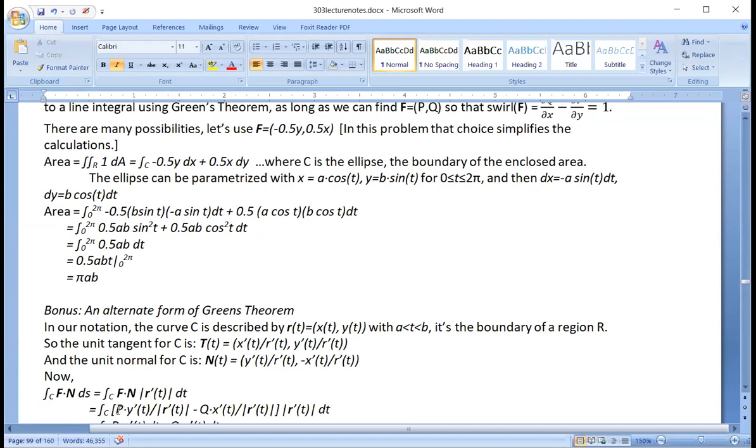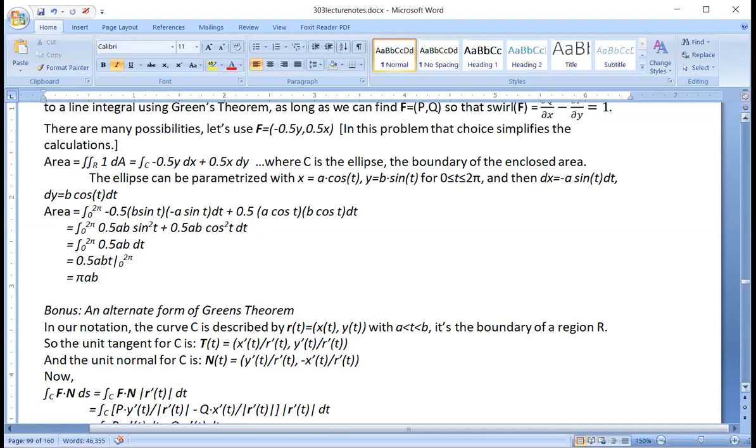Dotting vector field F and unit normal n, first you get P times y prime divided by the magnitude of r prime, minus Q times x prime divided by the magnitude of r prime, multiplied by, from ds, the magnitude of r prime dt.